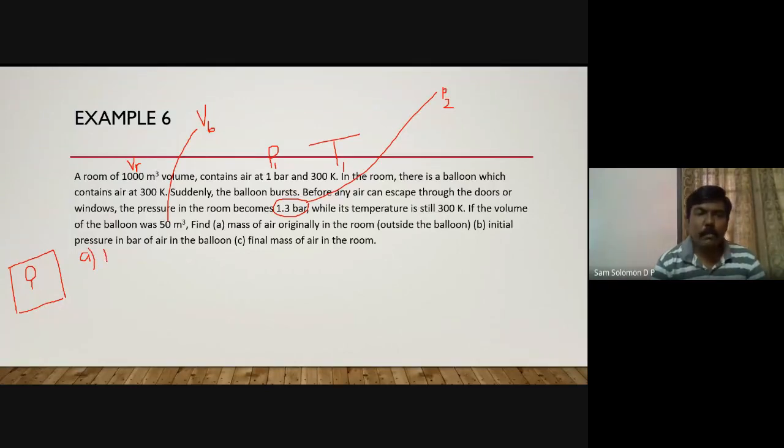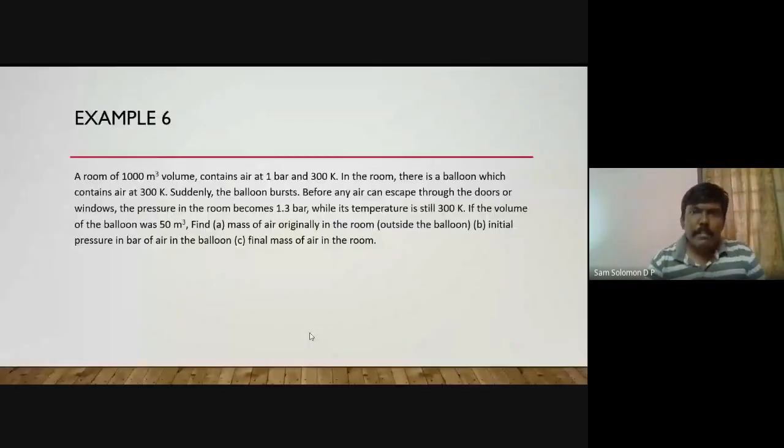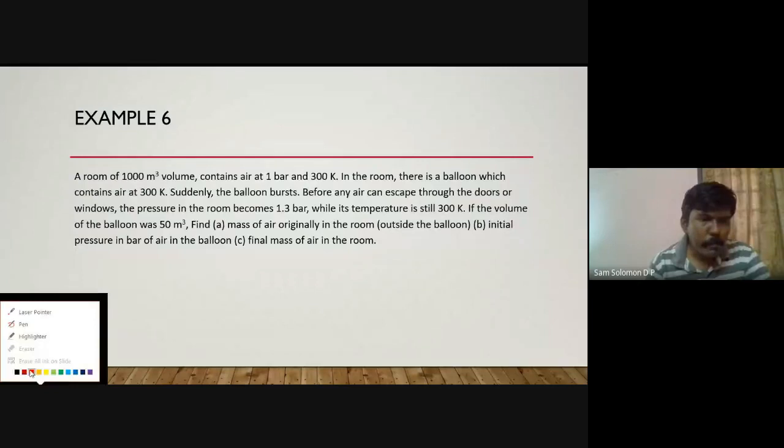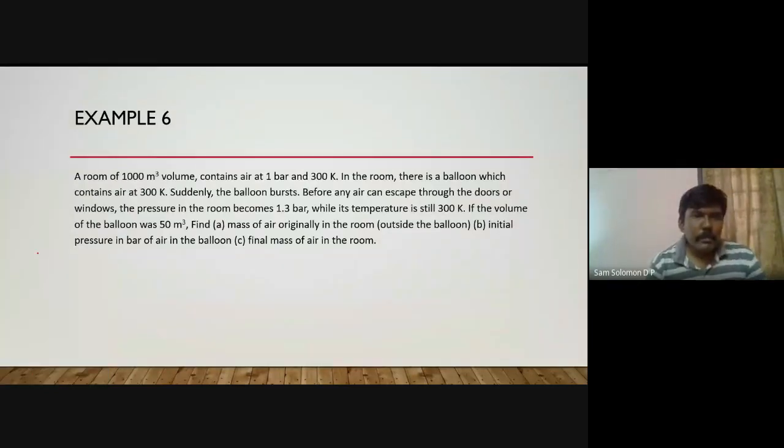So what is the volume here? They are talking about the volume of the room, but they are excluding the volume of the balloon. Okay, we were talking about this problem. There was a room of 1000 meter cube volume, and inside the room there is a balloon, and the volume of the balloon is 50 meter cube.